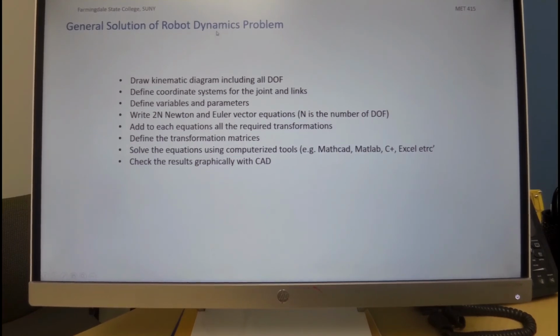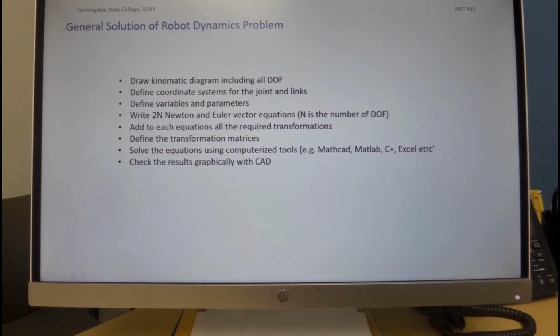So in conclusion, the general solution of the robot dynamics problem includes drawing a kinematic diagram which has all the degrees of freedom, defining coordinate systems for the joints and links, defining variables and parameters, and writing 2n Newton and Euler vector equations, where n is the number of degrees of freedom.